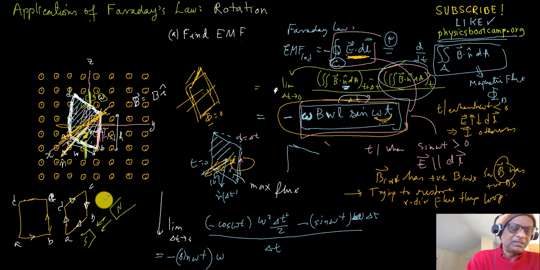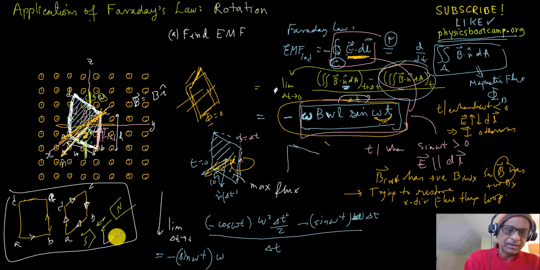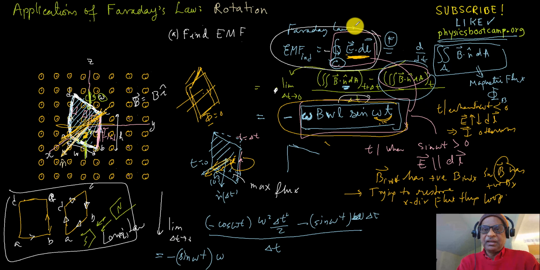The current is going this way, and tries to oppose the increasing flux through the loop. And this is what is called Lenz's law. But I want you to appreciate that Lenz's law is actually built right in here. Depending on whether this is positive or negative, you are going to have either the electric field parallel to dl or the electric field opposite to dl. All right.